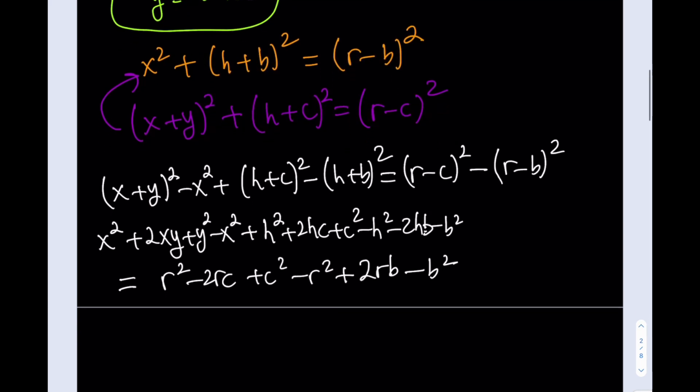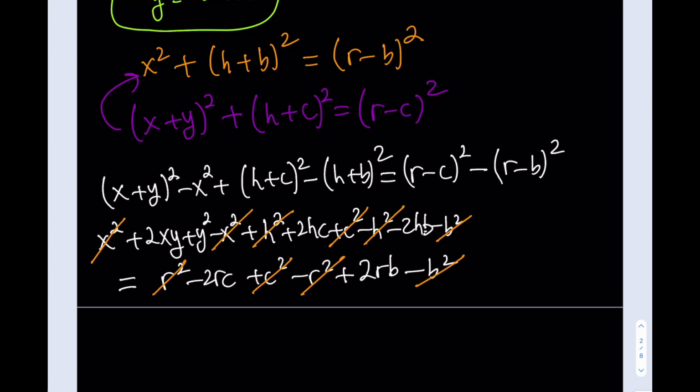Okay, let's see. x² cancels out. h² cancels out. And what else? This part is important. r² cancels out. c² − b² cancels out from both sides. And what do we end up with? Some xy expression and then hc, hb, rc, rb.